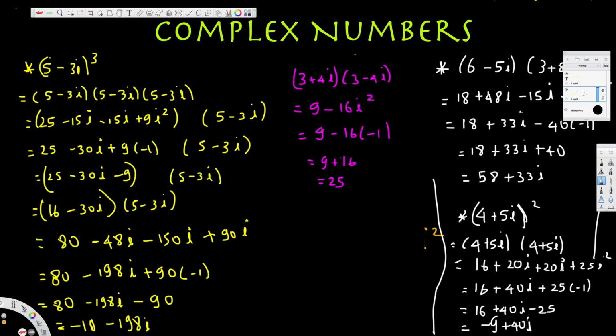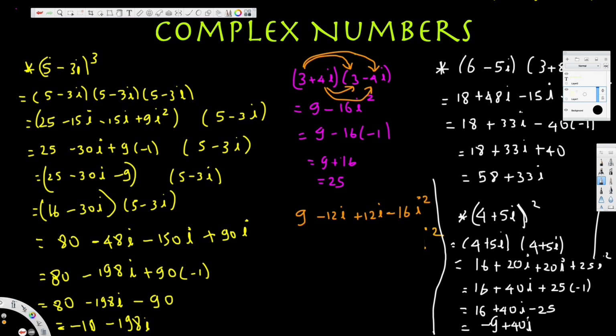Long method, what we do, we FOIL it. FOIL is basically we multiply this one first, and then this one first. Let's do this. 3 times 3 is 9, and 3 times negative 4i, we are going to get negative 12i, and plus 4i times 3, we are going to get plus 12i, and 4i times negative 4i, negative 16i squared.